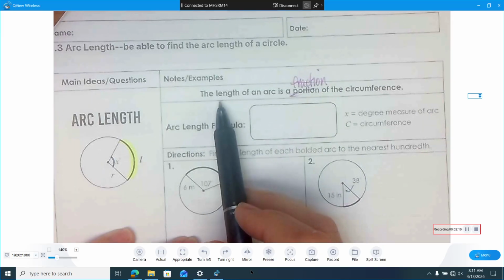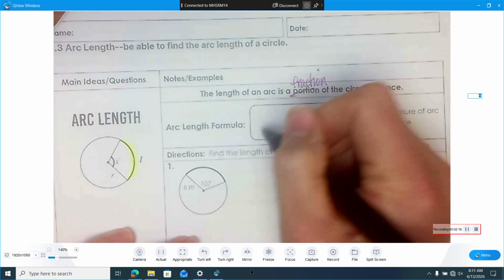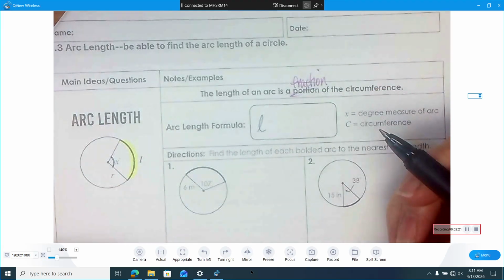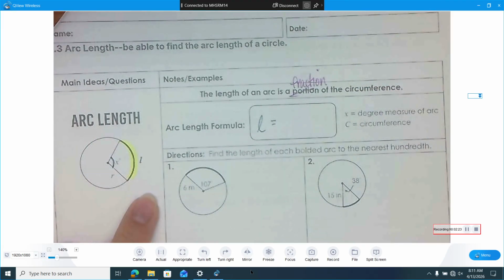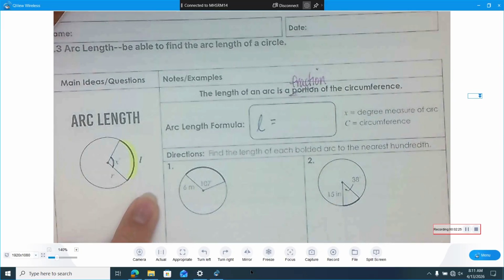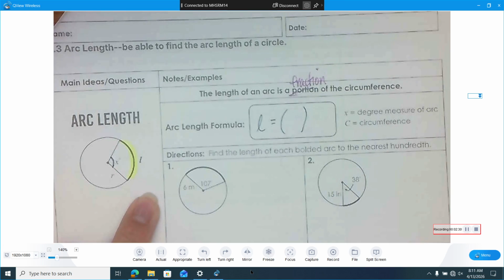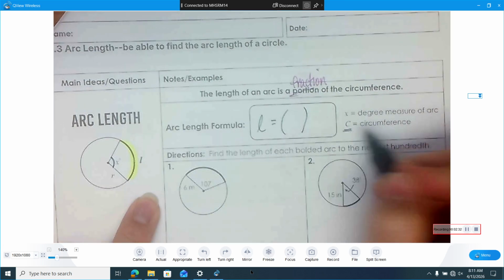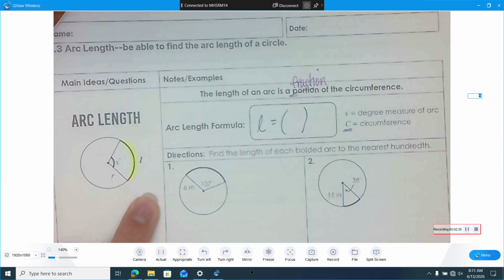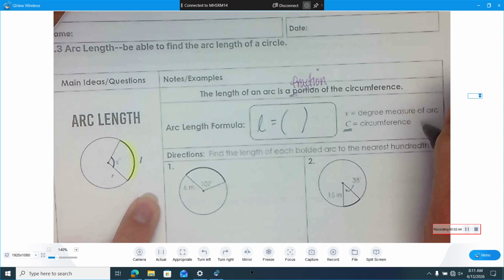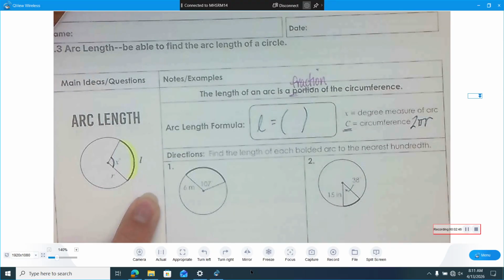As I said, the length of the arc, L, equals a fraction of its circumference. So we're going to have some fraction here. And what is the formula for circumference? C equals 2 pi r. Very good. Circumference is 2 pi r.